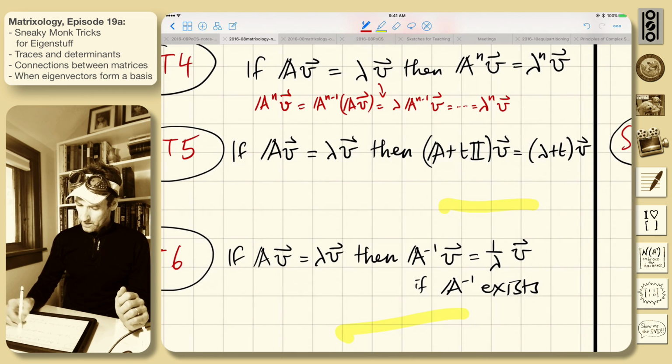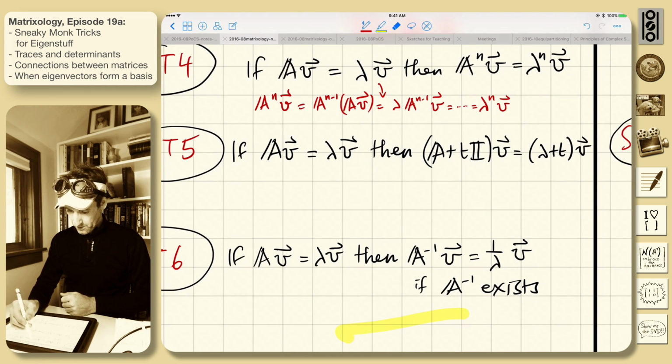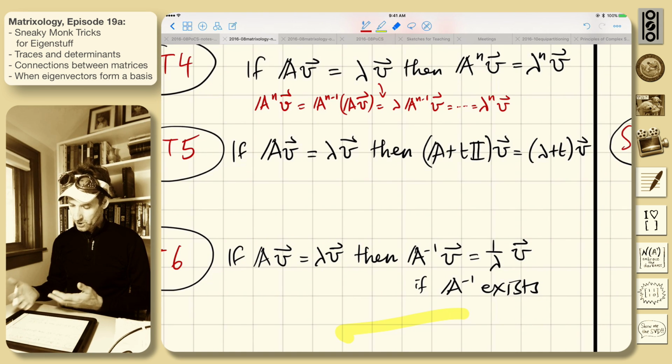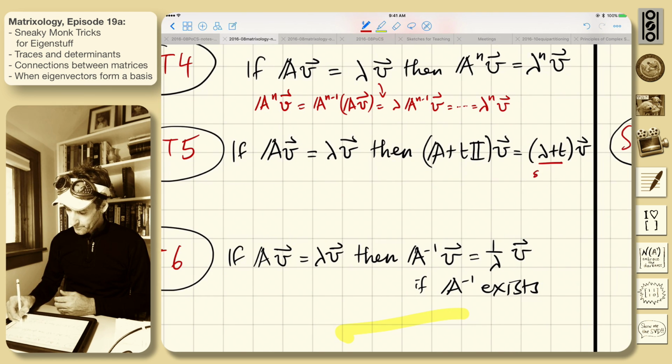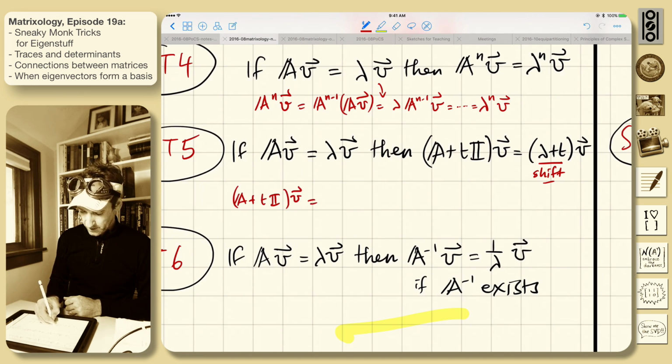Easy. The next one: if we take A and we add something times the identity to it, then all the eigenvectors will stay the same and we'll get a shift in the eigenvalue. You can approach this in different ways, but it's not too hard to just figure this out. We can break this into two pieces.